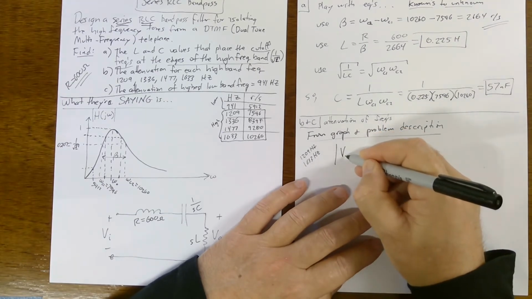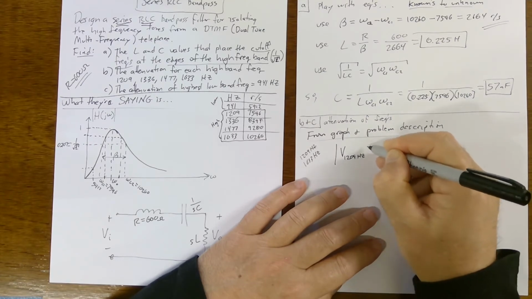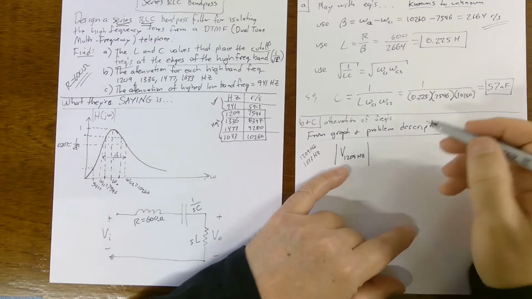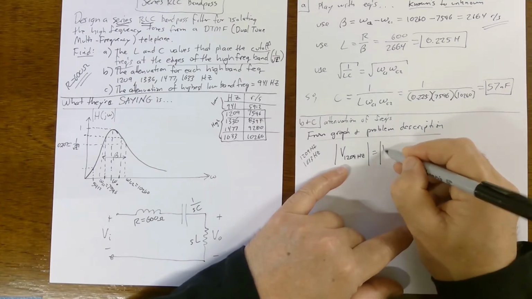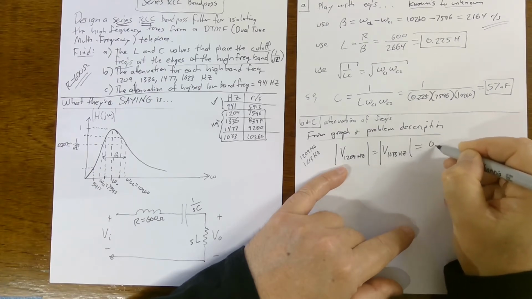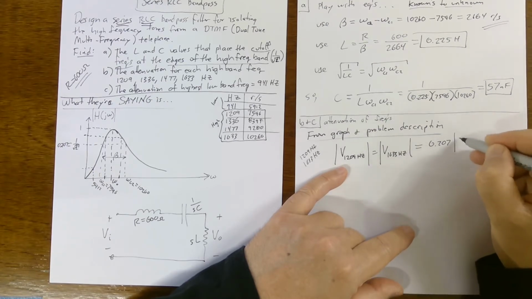So you could write that out in different ways. The way the book writes it out is the magnitude of the voltage at 1209 hertz is equal to the magnitude of the voltage at 1633 hertz. And that's going to be 0.707 of the peak.